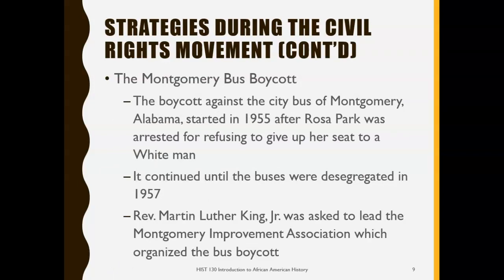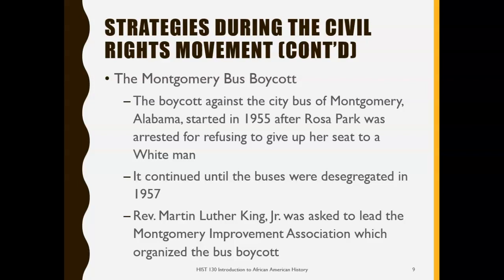So the most famous case of boycott, like I said earlier, was the Montgomery bus boycott. This bus boycott was decided against the city bus of Montgomery, Alabama, and it started in 1955 after Rosa Parks was arrested for refusing to give up her seat to a white man.